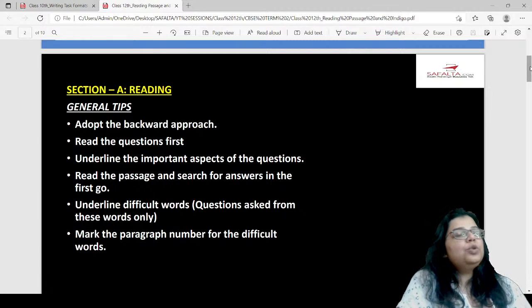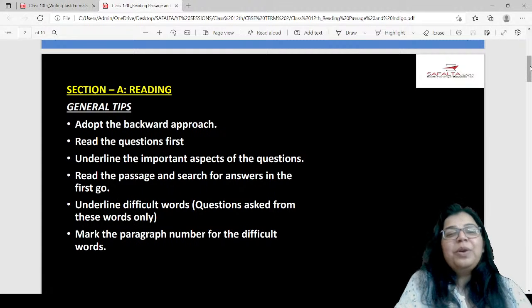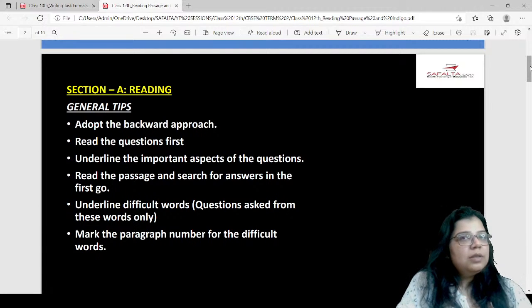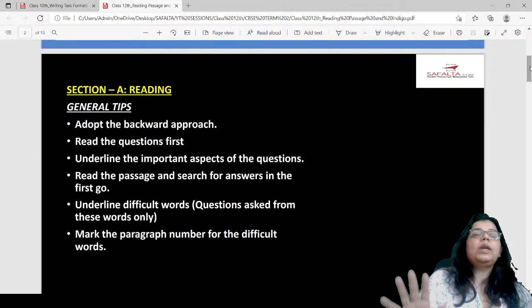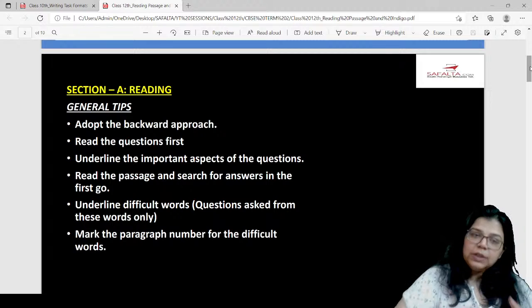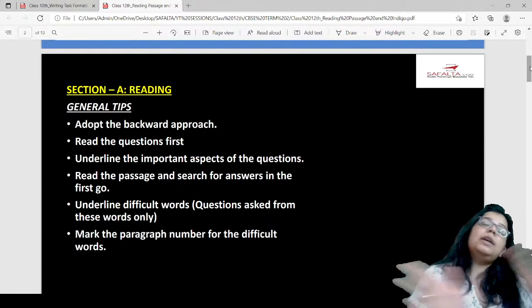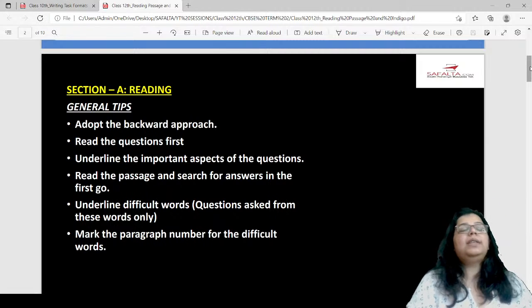Now, what happens usually in reading passage, this is my experience with teaching English for so many years now, what students do generally is that they first read the whole passage, no matter how long it is or how short it is. Then they go to the questions, they read the questions, and then again go back to the passage hoping to find their answers.